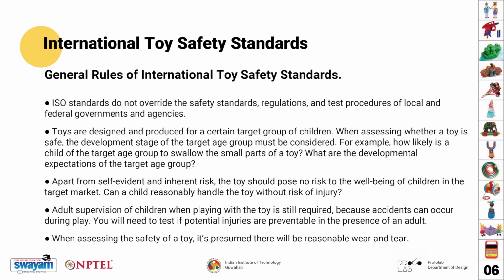Adult supervision of children when playing with the toy is still required because accidents can occur during play. You will need to test if potential injuries are preventable in the presence of an adult. And 5. While assessing the safety of a toy, it's presumed there will be reasonable wear and tear.